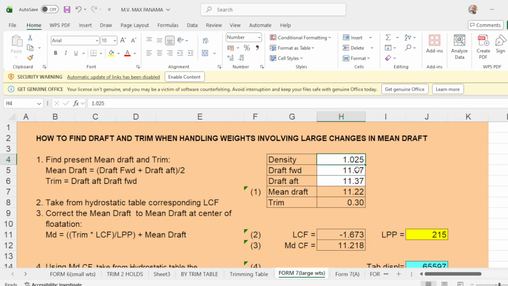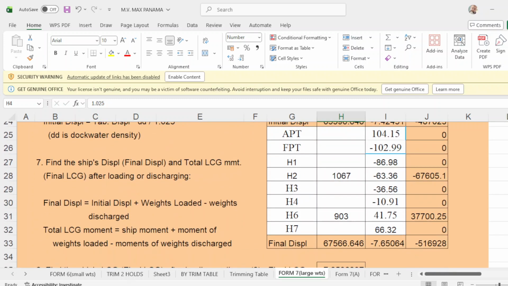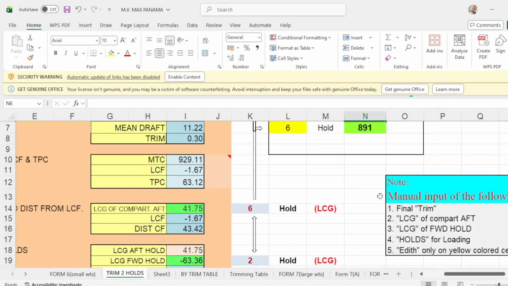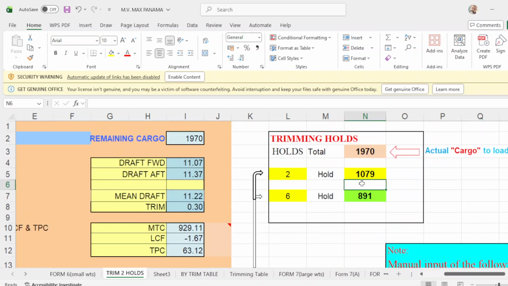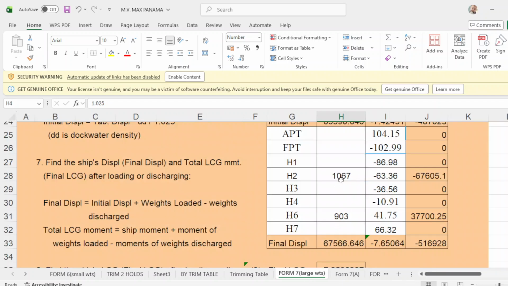This is your initial draft, and what you load in number 2 is how much? Number 2 should be 1079. So you put here 1079.